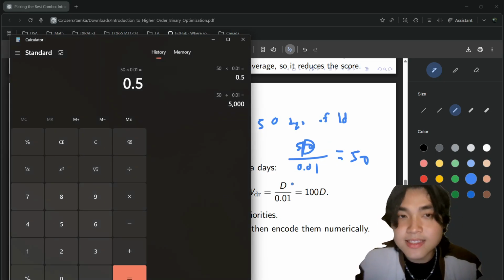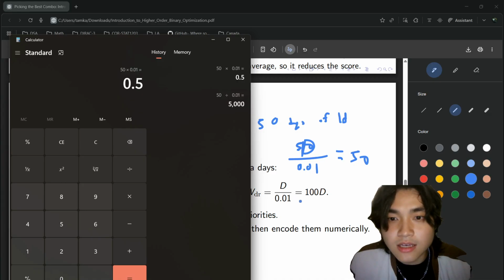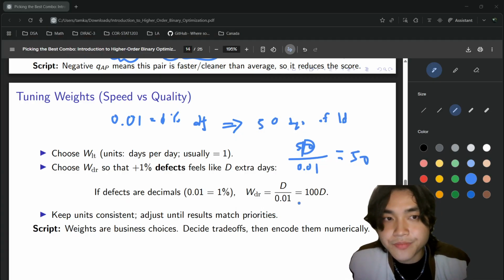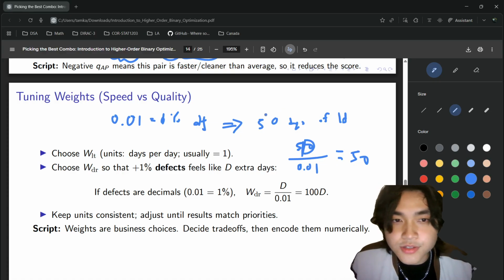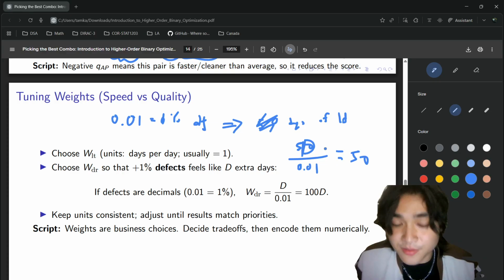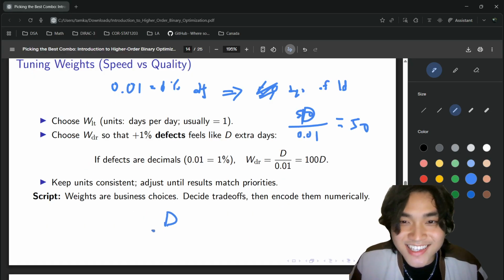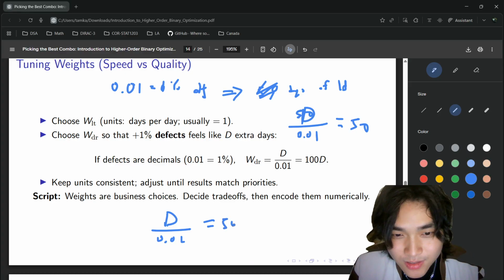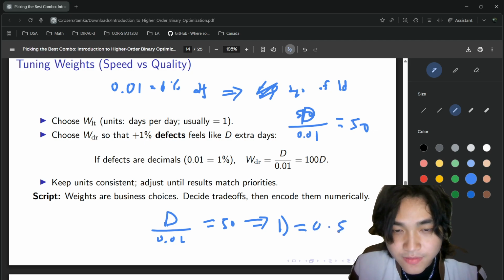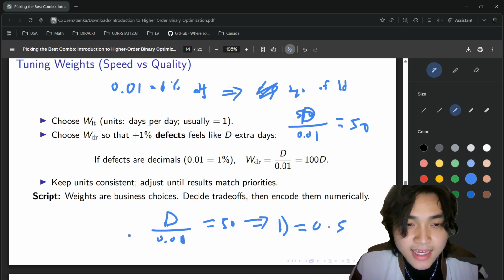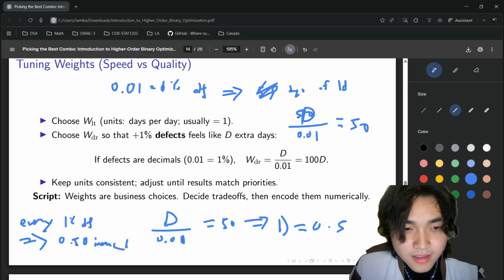Yeah, correct. Oh, sorry. So for this specific formula, it's actually my bad. It is d equals 0.5. This is equivalent to saying that for every 1% increase in defect rates, it results in a 0.5 day increase in lead time.